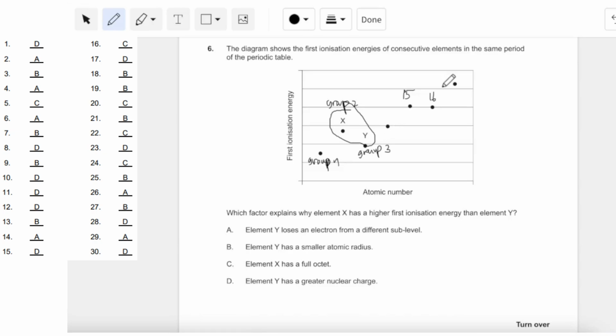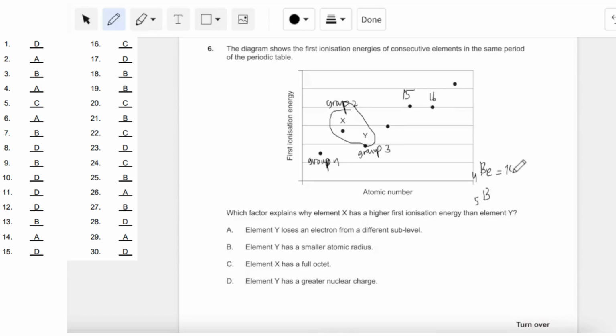So you need to find something that really explains why the ionization energy of element Y is lower compared to element X. Element Y loses an electron from a different sub-level. As you know, group 2 is Be, which is 4, and group 3 or 13 is B, which is 5.